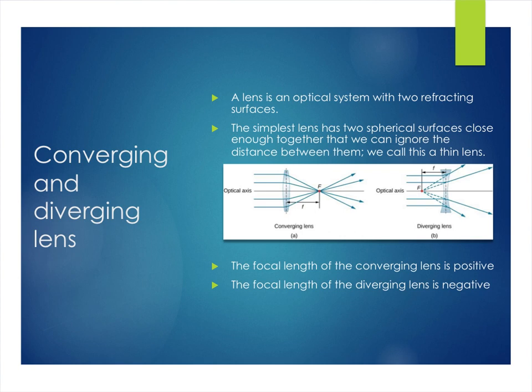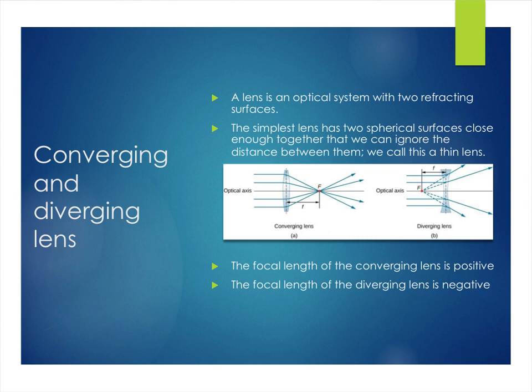And that refraction is helping the light rays to become focused at a location to form an image. But the first thing that we're going to do is think about how we define the focal length of these lenses. And we're going to find that it's basically the same as we had with mirrors.